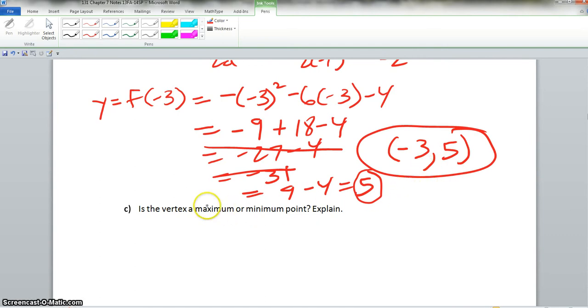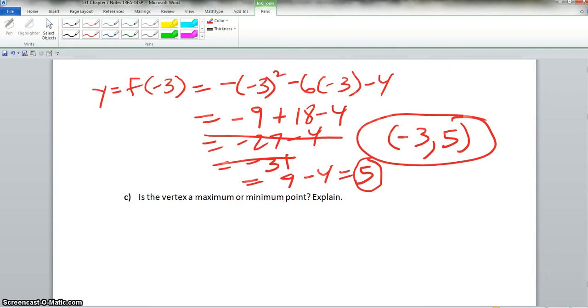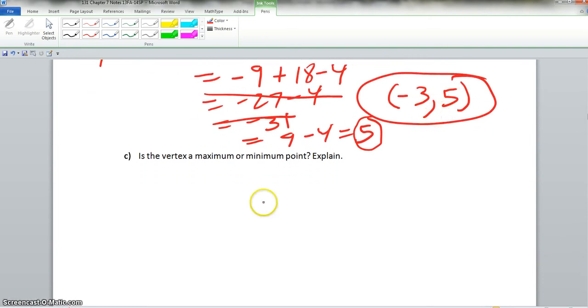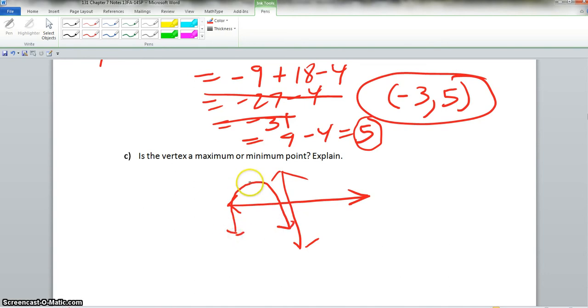Now, we go down here. It says, is the vertex a maximum or minimum point? Now, we have negative 3, 5, so we would draw this here. We'll draw a quick little sketch. Now, if you look here, remember, we said earlier in the directions, if a is negative, that means that the graph opens downward, and that this right here is a maximum point.